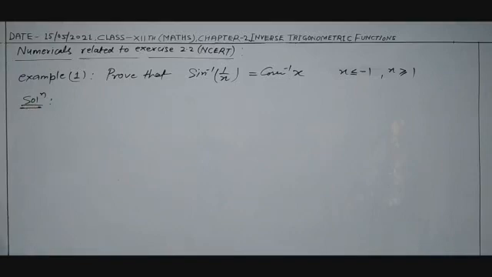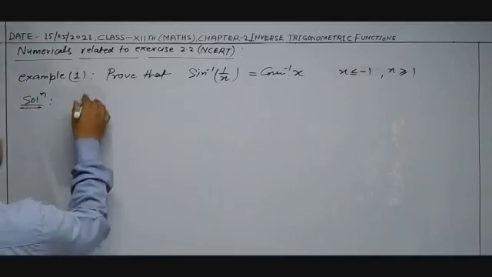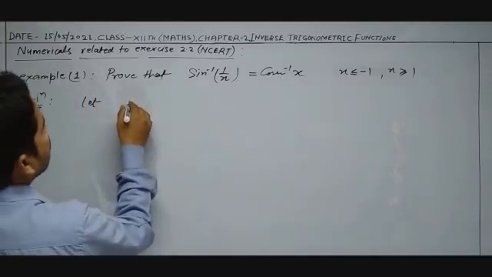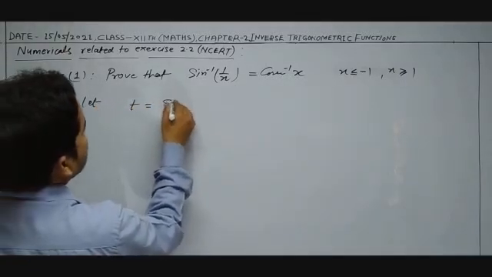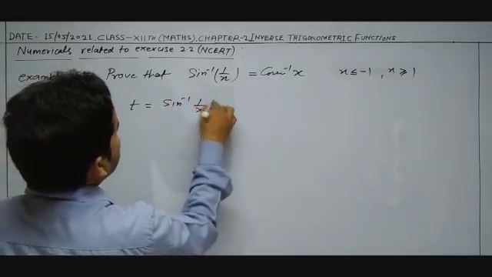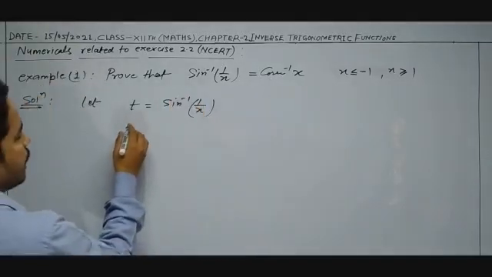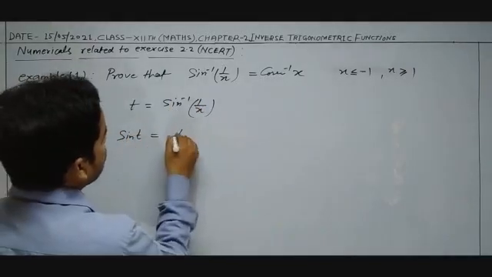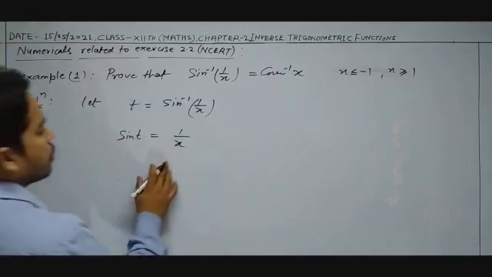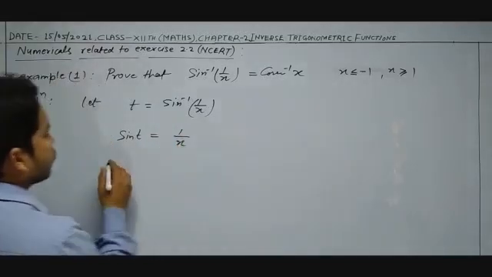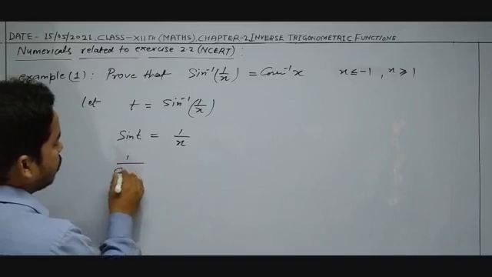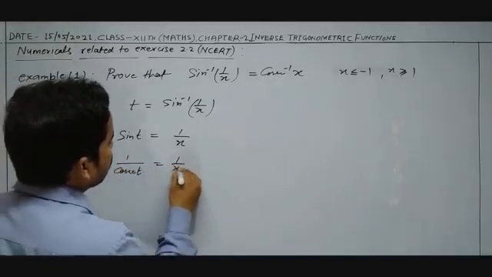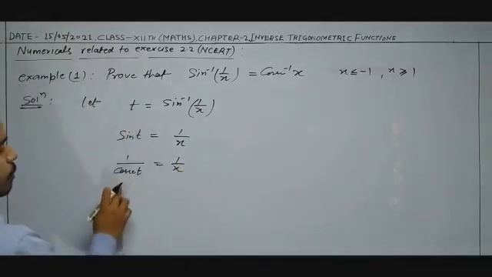Solution. Let t is equal to sine inverse 1 by x, then sine t is equal to 1 by x, then 1 upon cosec t is equal to 1 by x, because the reciprocal of sine t is cosec.